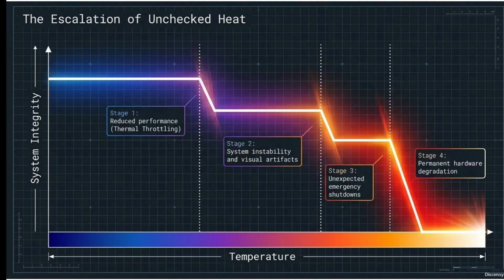The escalation of unchecked heat. Let's get to know the different stages, based on severity, that occur because of heat generation if it is not controlled properly. The first stage is reduced performance, which is called thermal throttling. The second stage is system instability and visual artifacts.